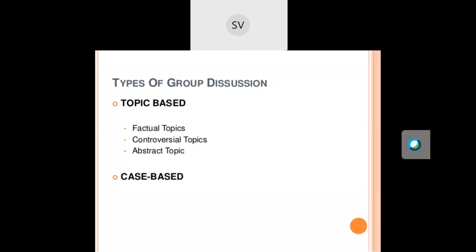And abstract topic. Abstract topics are about intangible things and often their possibility cannot be ruled out. And last one, case based topic. The case based studies try to simulate a real life situation. Information about the situation will be given, and the group would be asked to reason the situation.